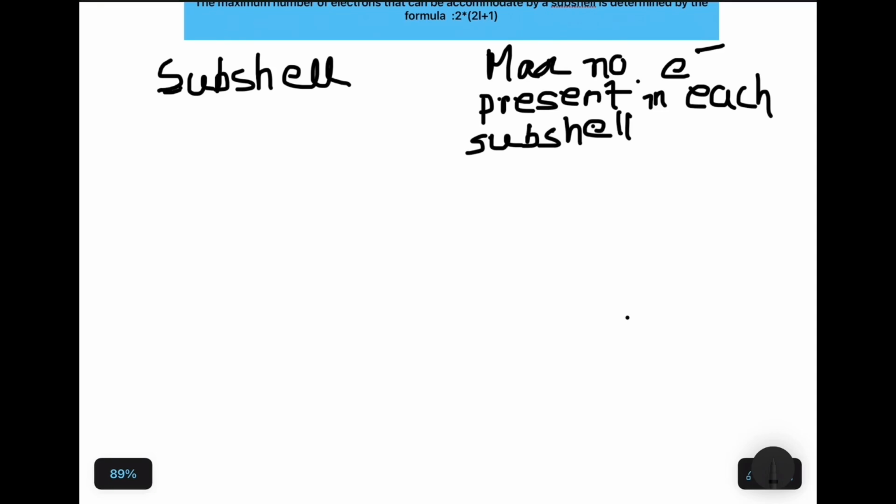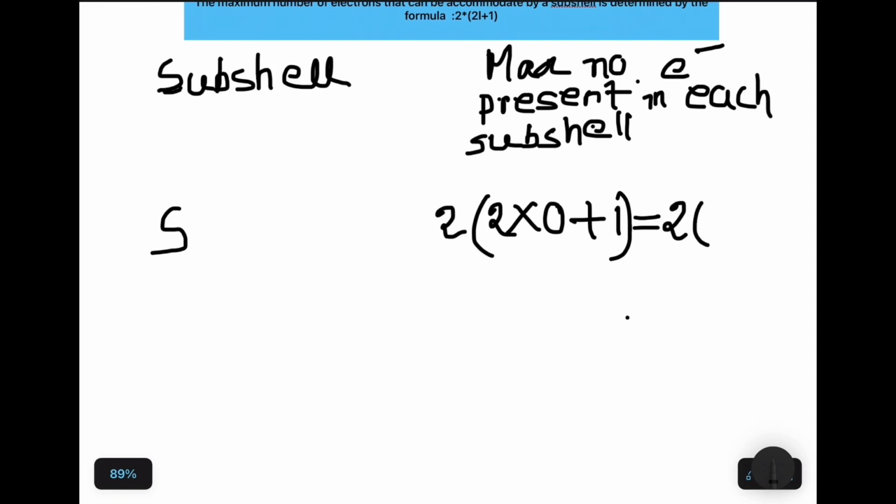So for subcell S, the azimuthal quantum number is 0. So the formula will be 2 into (2 times 0 plus 1) is equal to 2 multiplied by 1 is equal to 2.